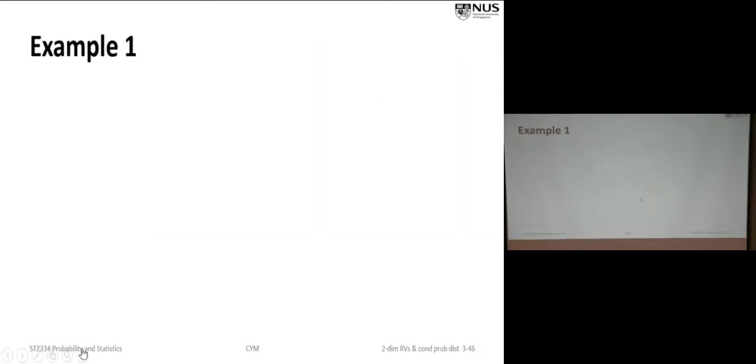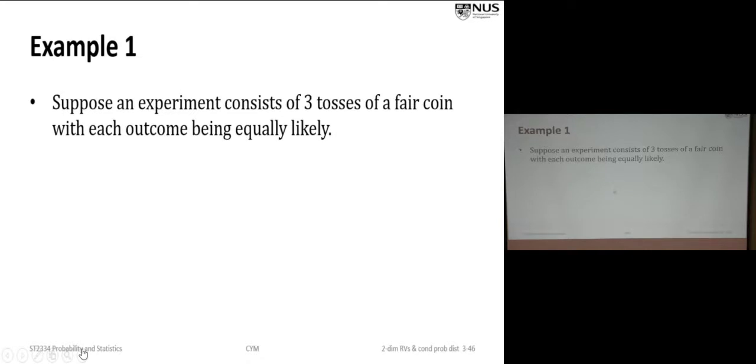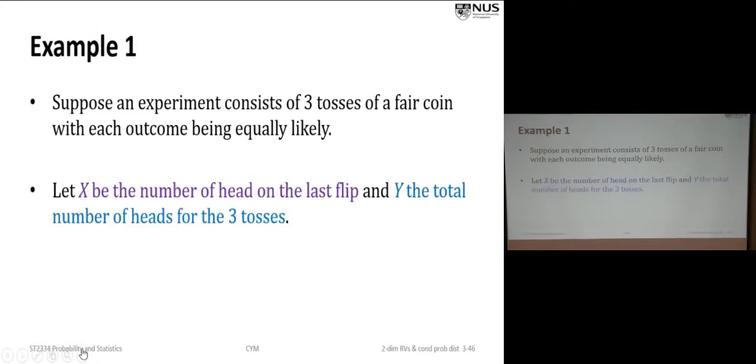Okay, let's look at examples to see. Now suppose I have an experiment. I toss a fair coin three times, and the outcomes are equally likely. The outcomes look like this, head, tail, head, something like this. Now I define the random variable x as the number of heads on the last flip.